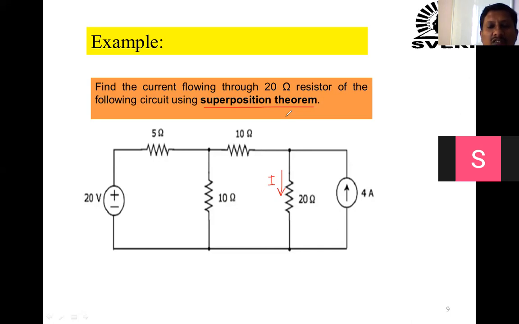Only resistors are there, no? Yes or no? Yes, sir. Okay. So it is linear. It is a DC circuit because DC sources are there and minimum 2 independent sources are there. Okay. So does this problem belong to method 1 or method 2?